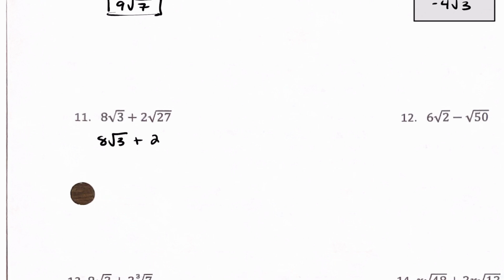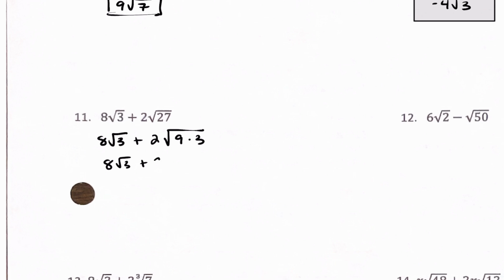So 2 root 27. I can actually break down that 27 with 2 numbers, where one of them is a perfect square. So 2 root 9 times 3, right? 9 being the perfect square, multiplied by 3, that's going to give you 27. And then I can go ahead and keep going from there.